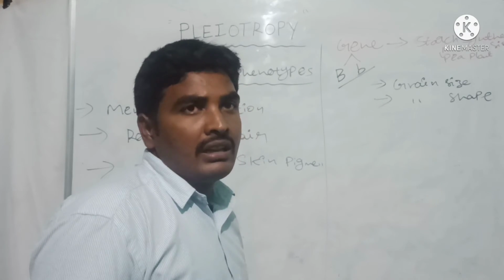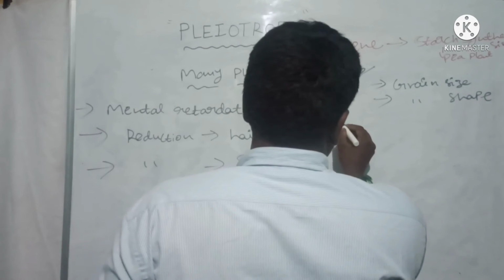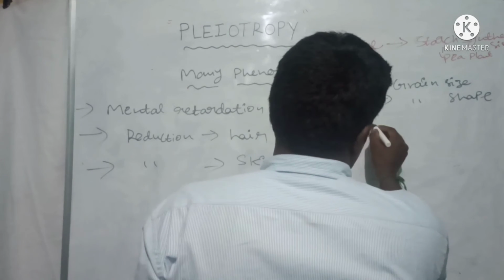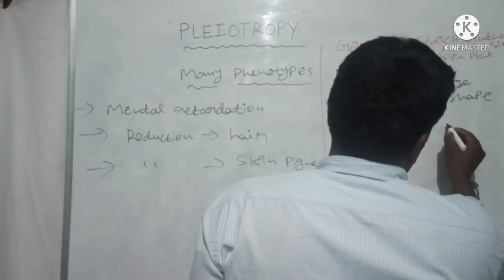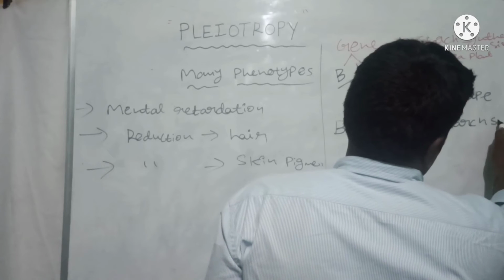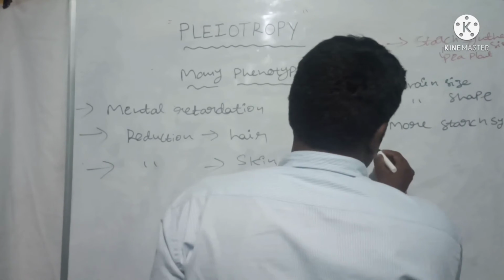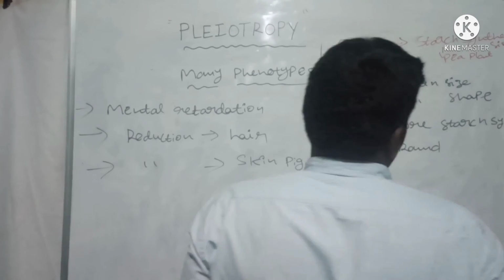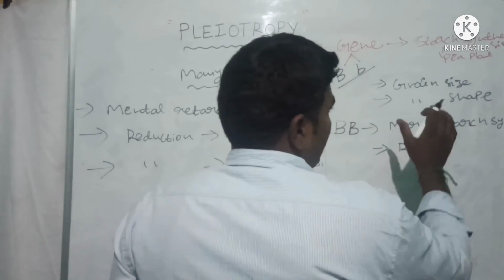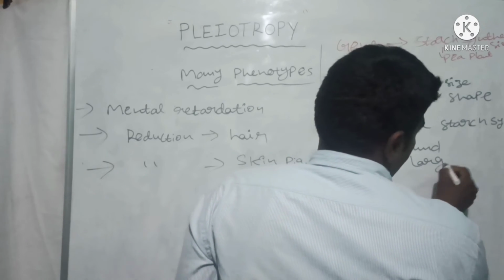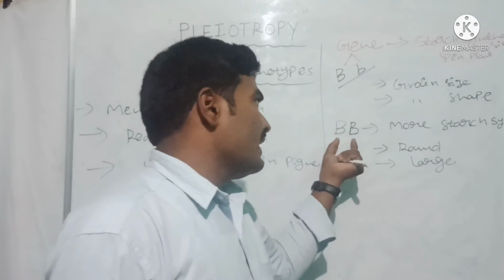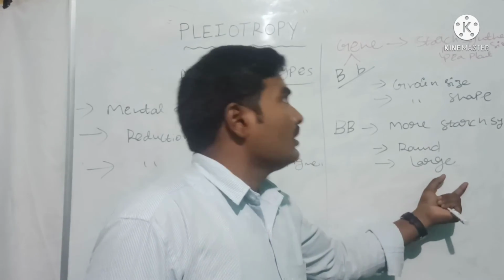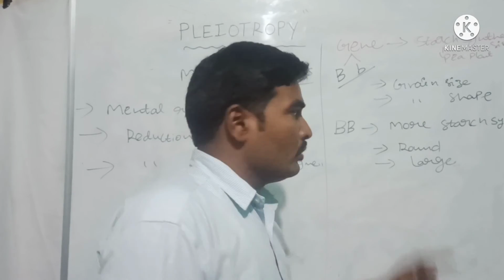The gene has different variations. Capital B and capital B, homozygous, means more starch is synthesized, giving large grain size with round shape phenotype.